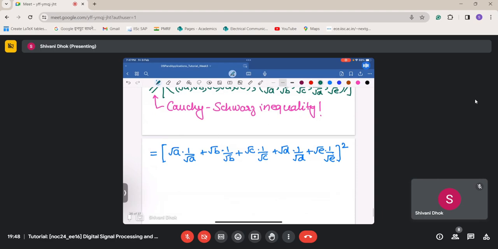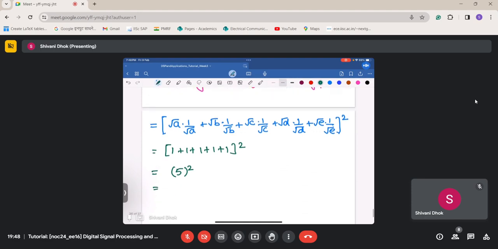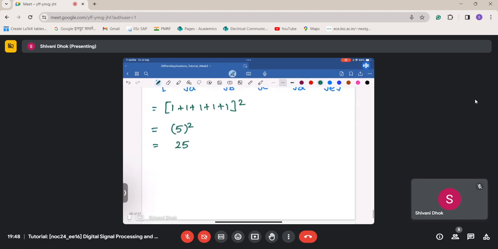All of these things just get cancelled to give 1 each. So this is simply equal to 1 plus 1 plus 1 plus 1 plus 1 whole square, which is equal to 5 square, which is equal to 25. So what did we find out?